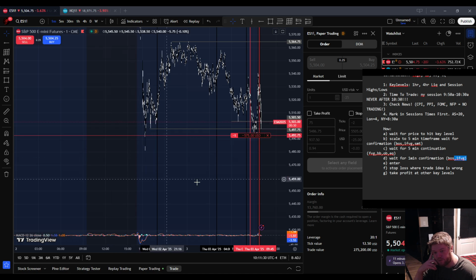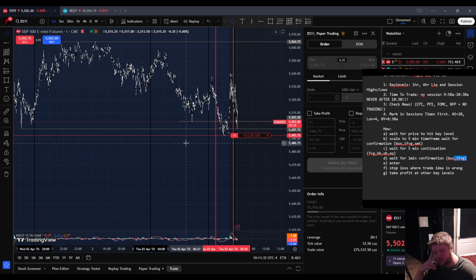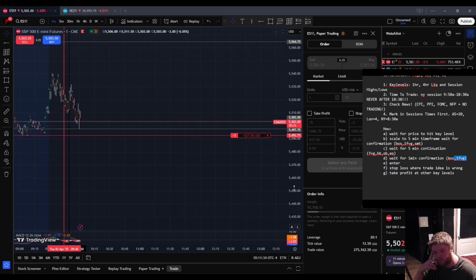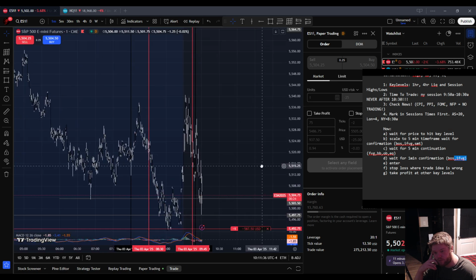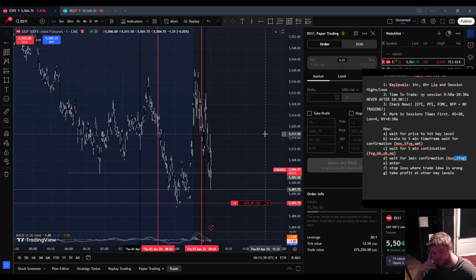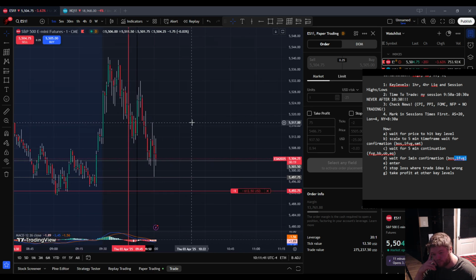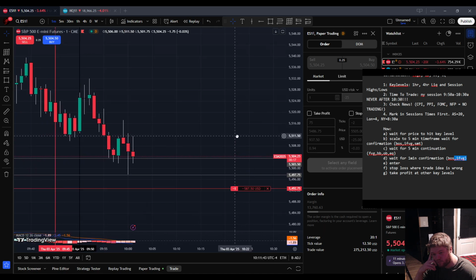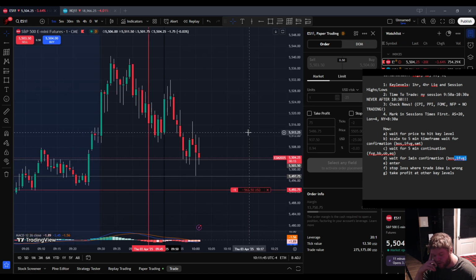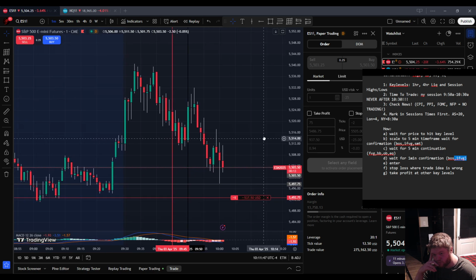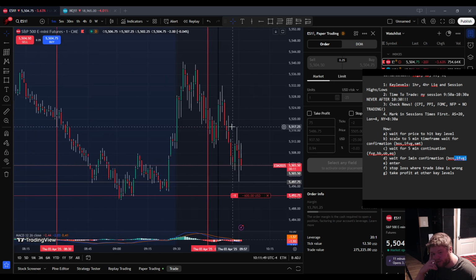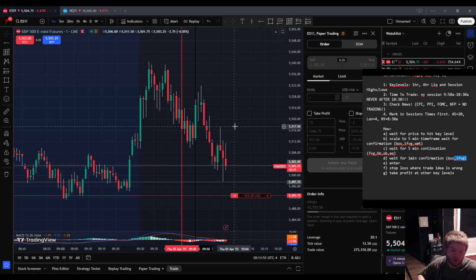Because we did not sweep that, I imagine price is going to go much, much lower. And that being the case, let's see if the idea was right or wrong.